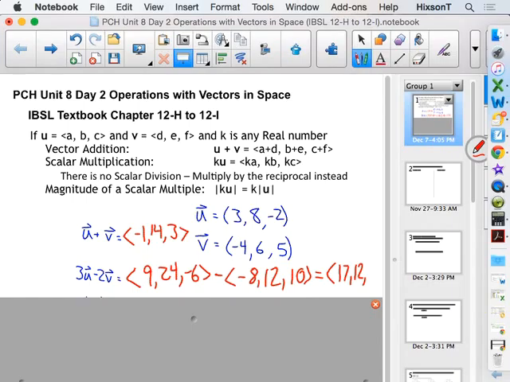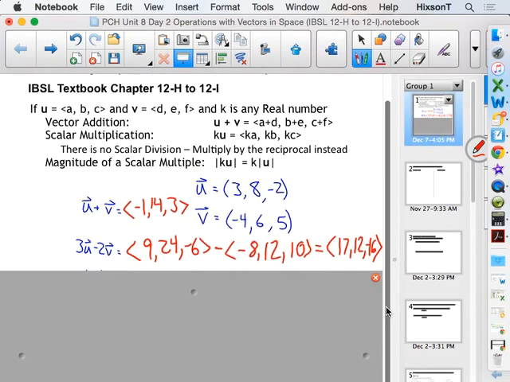And negative 6 minus 10, good, negative 16. Okay? All right. Questions so far?